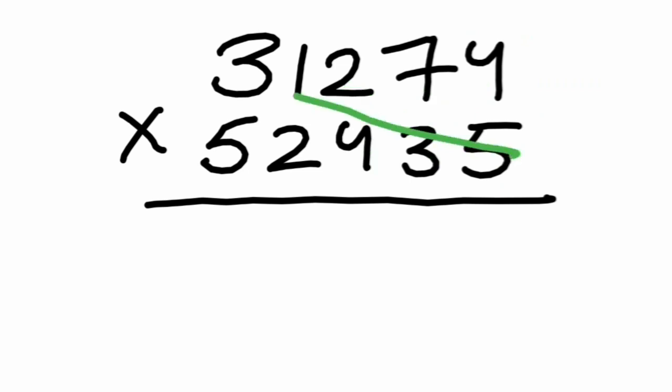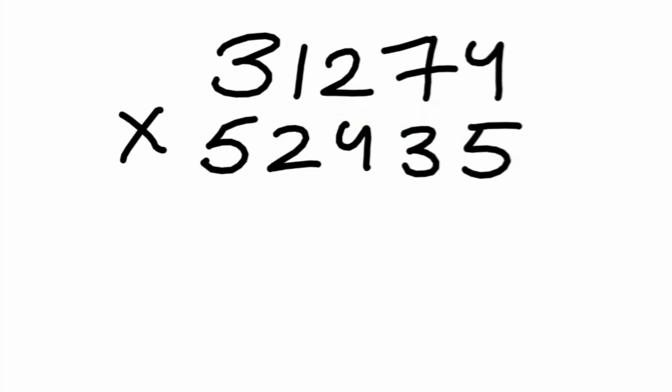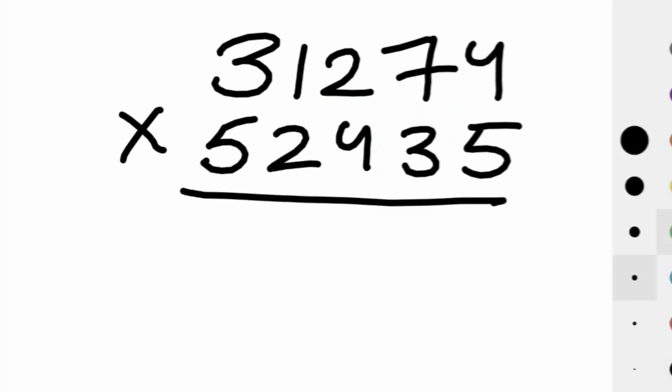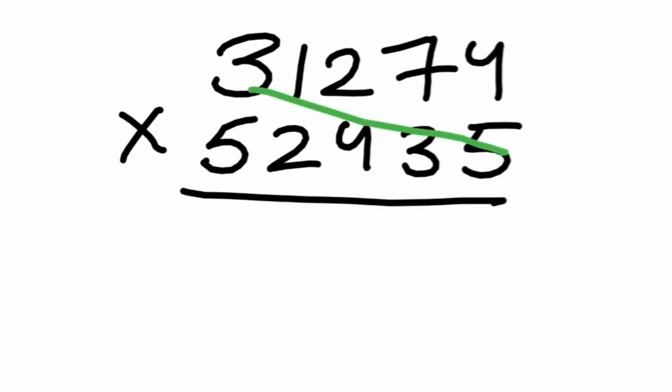Then 5 into 1, 4 into 2, plus 2 into 3, plus 7 into 4. Again we will multiply 3 into 5, 4 into 5, 3 ones are 3, 7 into 2, 4 into 2, and add the sum.